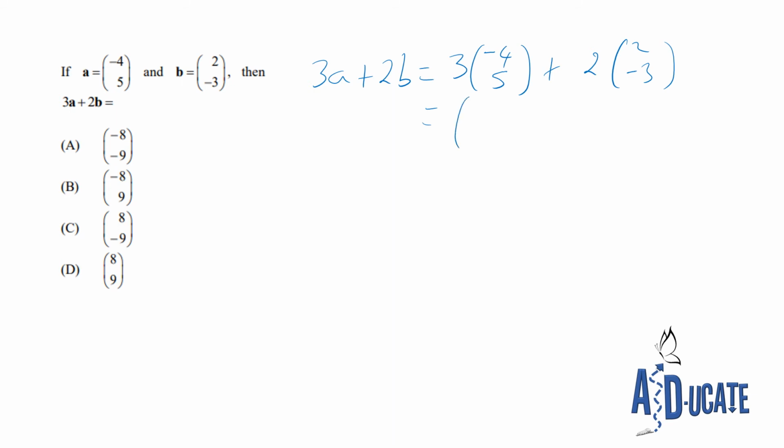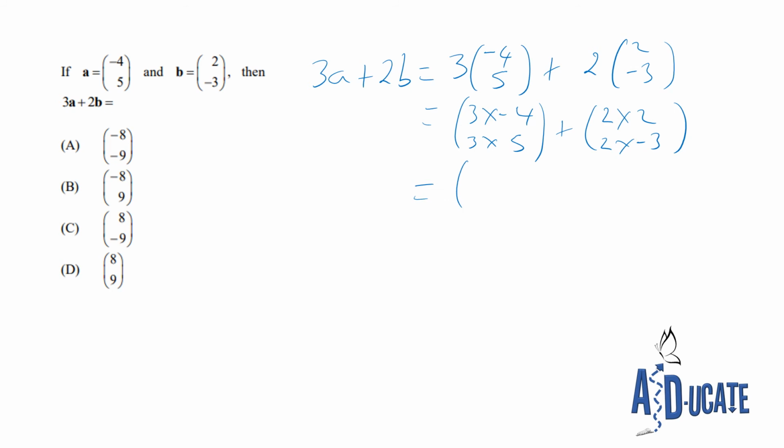Can simplify that. 3 times -4, 3 times 5. And for this one, we have 2 times 2, 2 times -3. So we realize that the scalar quantity is multiplying the x and y components of each column vector.